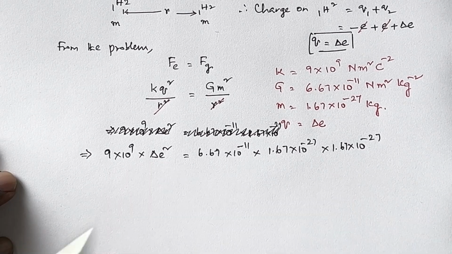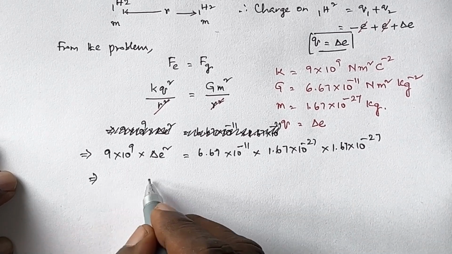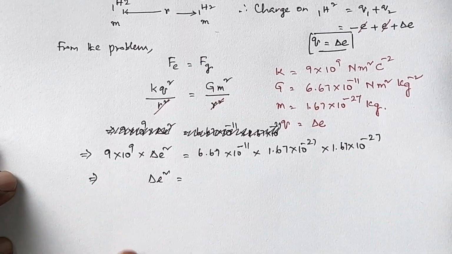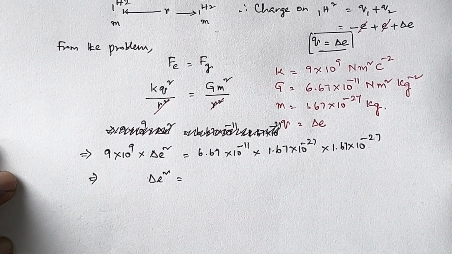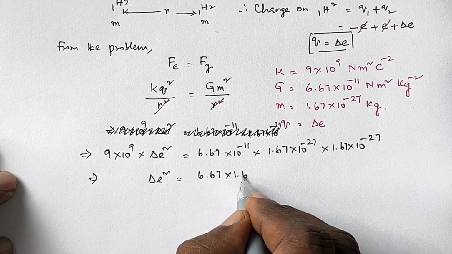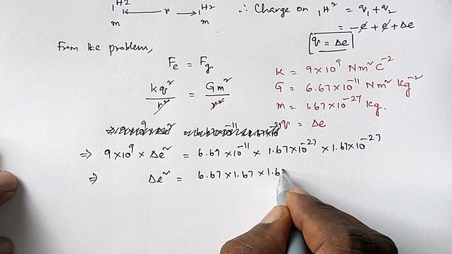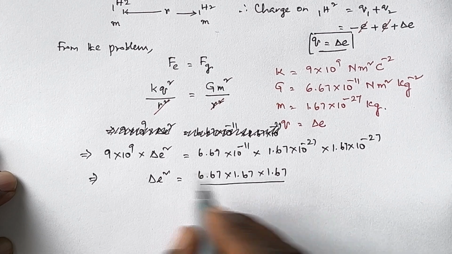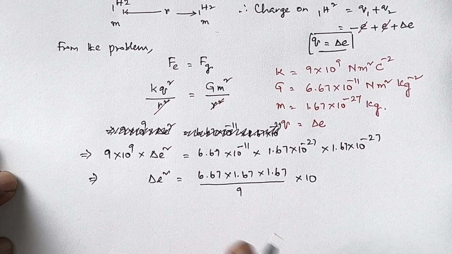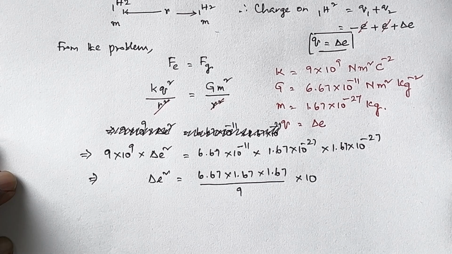This delta E square value we need. Delta E square is equal to, all numbers I will write one side, that 10 powers I will write separately. So 6.67 into 1.67 into 1.67 by this 9 comes here, into 10 power. If bases are equal, we have to add up the powers.